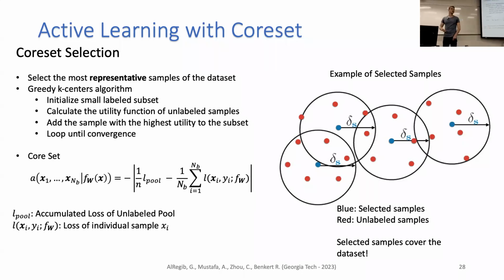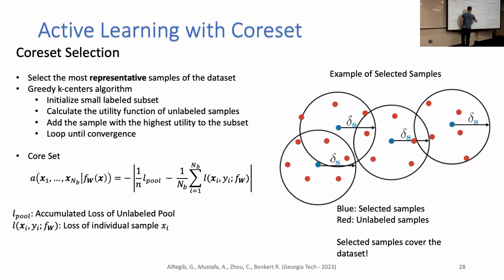Now, if you look at the acquisition function, you notice something interesting, and that's that we put in this loss term. It means that we're looking for the samples, these blue samples together, that best approximate the loss of the entire unlabeled pool. This here is the loss of the entire unlabeled pool, and this here is the loss of our acquisition batch, the samples we want to label and add to the training set.